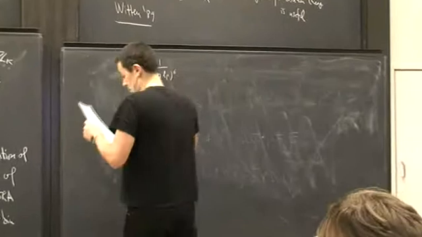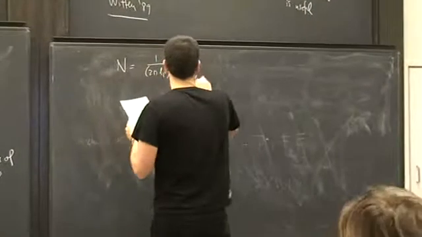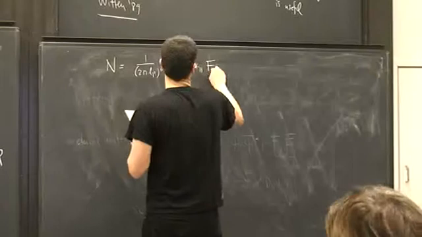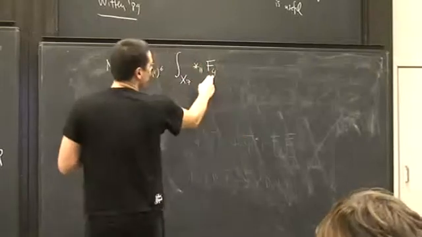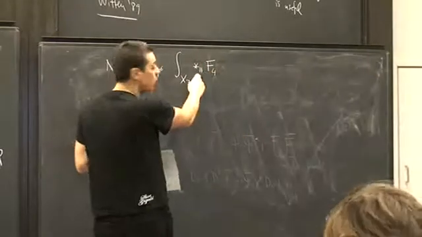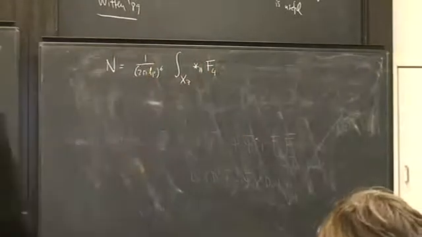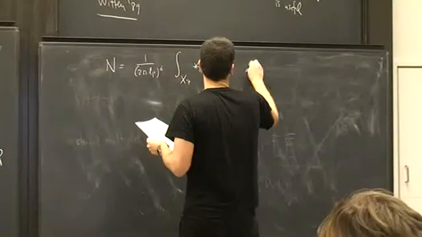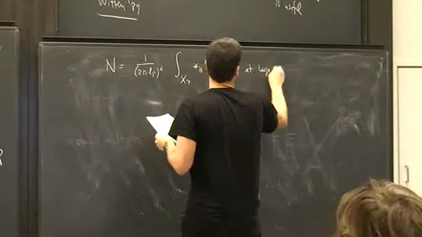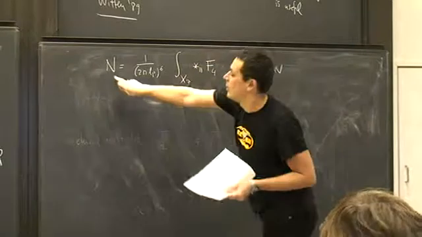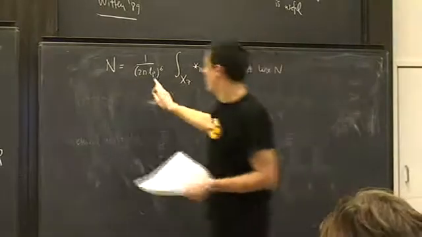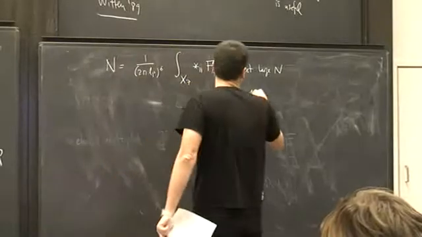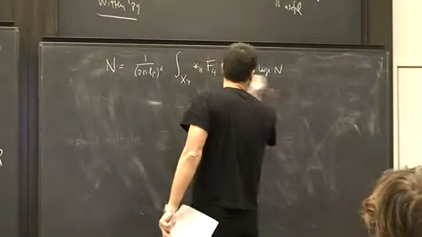So let me write it this way: on X7, the Hodge dual of F4. The Hodge dual of F4 in 11 dimensions is a 7-form, and then you integrate it over X7, which in this case is the sphere, and you get this relation. And this relation is only valid at large N. There are subleading corrections to this relation, and here L_P is the 11-dimensional Planck length.